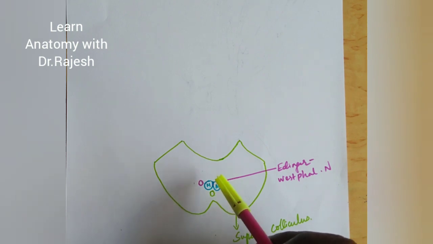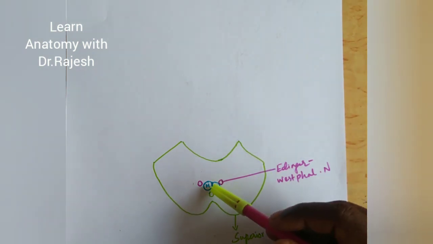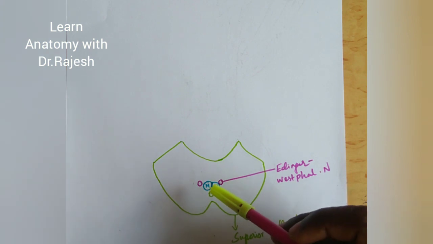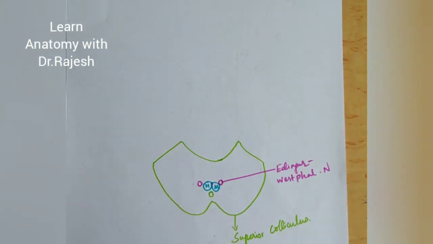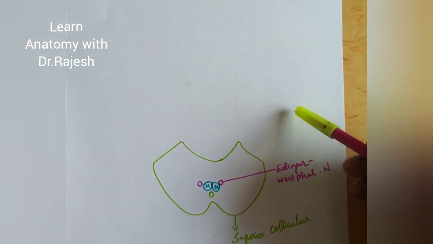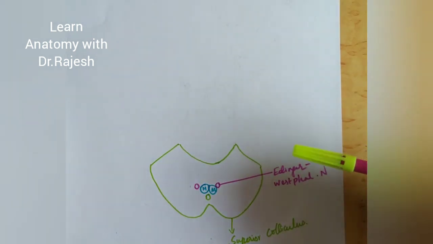So which extraocular muscles? There are 4 recti. Out of the 4 recti, only the lateral rectus is not supplied by the oculomotor nerve. The lateral rectus is supplied by the 6th cranial nerve, the abducens nerve. Other than that, we have 2 obliques, the superior oblique and the inferior oblique.